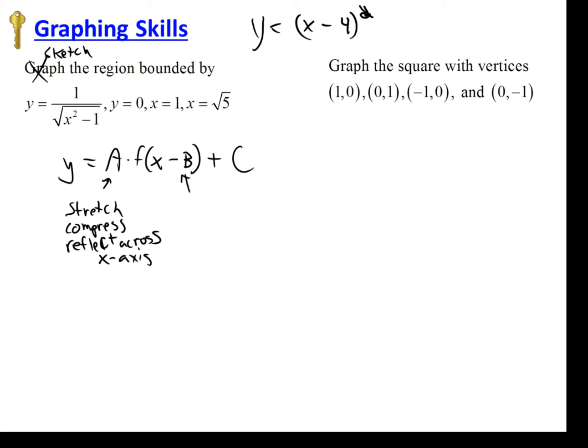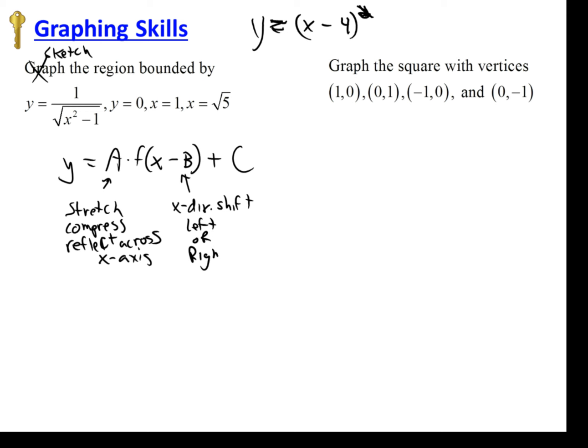What happens to a normal parabola when you put a minus 4 in there with the x? Shift to the left or to the right? To the right. Very good. So b will affect an x direction shift, either left or right.